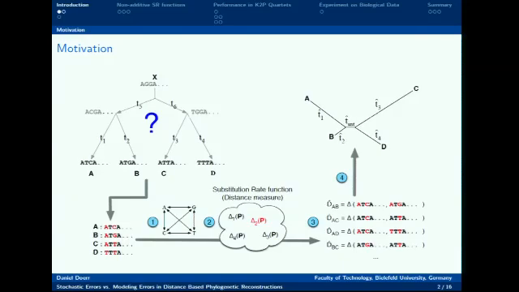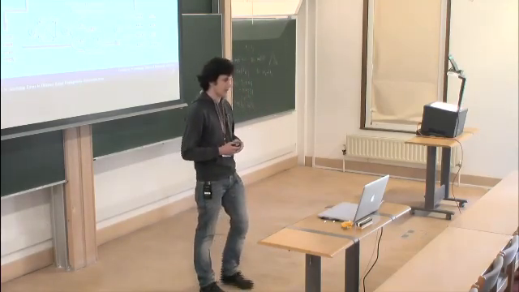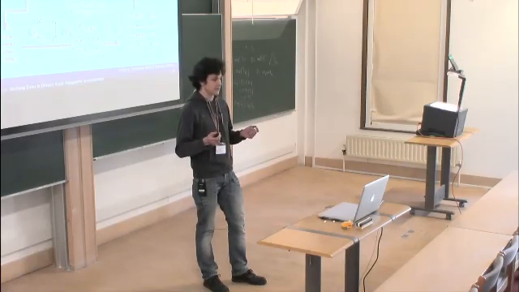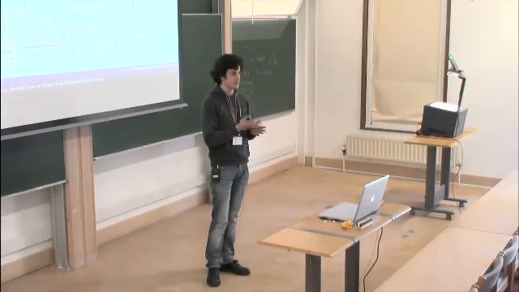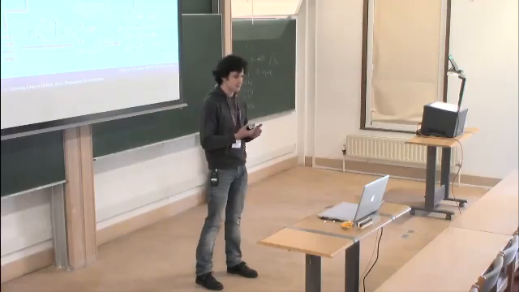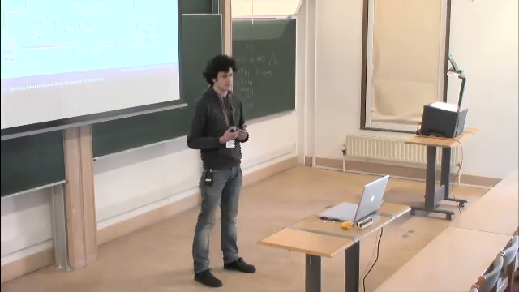So I quickly want to give you a brief overview about the whole reconstruction process. I guess you are familiar with it anyway, so I make it really short. Starting off with a model tree, you assume that sequences evolve along the edges according to some substitution model. We can only observe the sequences at the leaves. From those sequences, we can construct an alignment, and then the actual reconstruction process starts. We first choose a substitution model, which we assume is the underlying one that led to the observed substitutions.